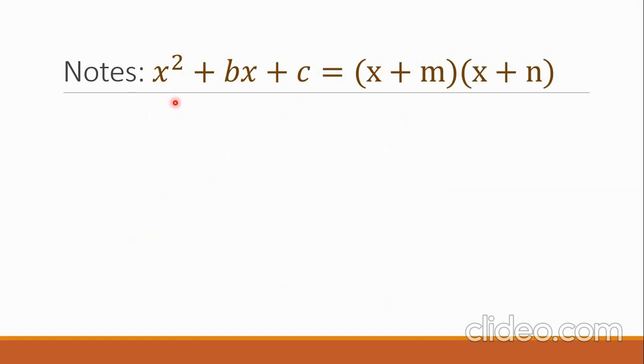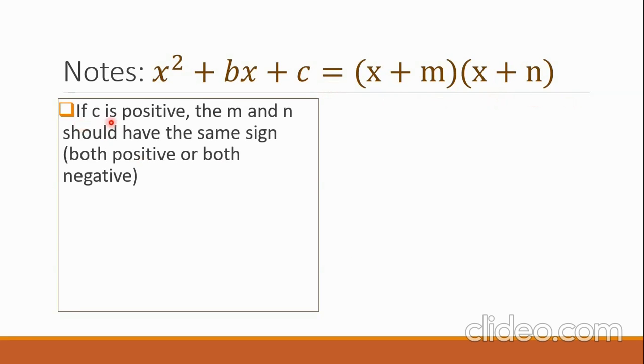We know that we are factoring a trinomial that is equal to two binomials, and that is x plus m times x plus n. If c is positive, the c here being the constant of our trinomial, it means the m and n should have the same sign. It can be both positive or both negative.